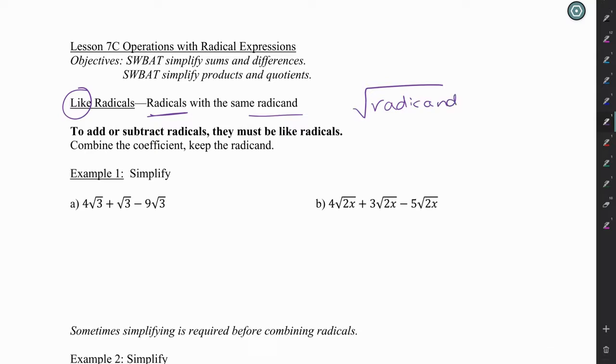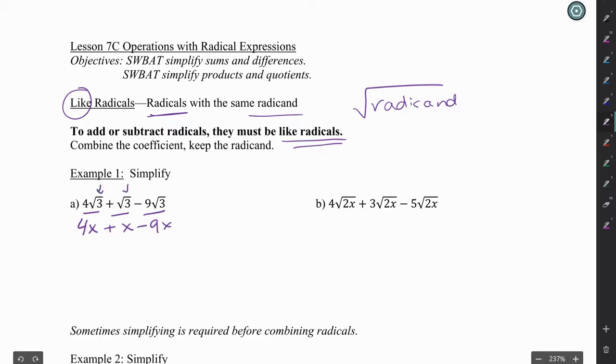In order to add or subtract radicals, they must be like radicals. In some ways, you can almost think of the radicals the same way you would a variable. For this example, we have 4 root 3 plus root 3 minus 9 root 3. You can think of this as 4x plus x minus 9x.